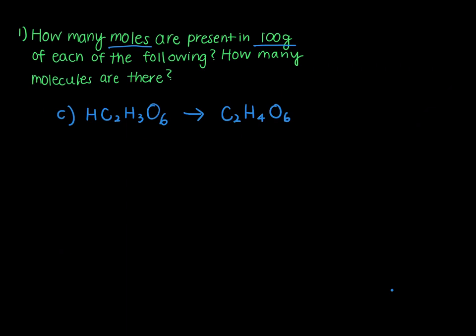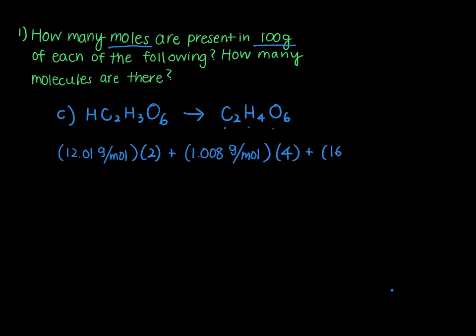So to find the molar mass, again, we go back to the periodic table and we find the masses of carbon, hydrogen, and oxygen. So in this case, we have 12.01 grams per mole for the carbon, and we have 2 of those here, plus 1.008 grams per mole of hydrogen, and we have 4 of those, plus 16.00 grams per mole from the oxygen.